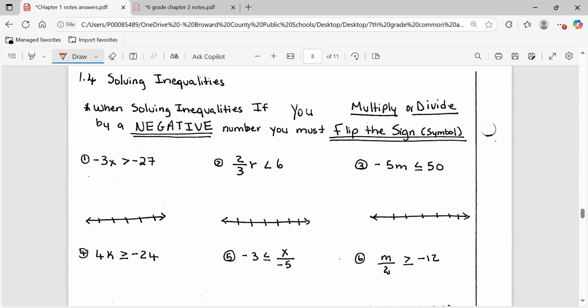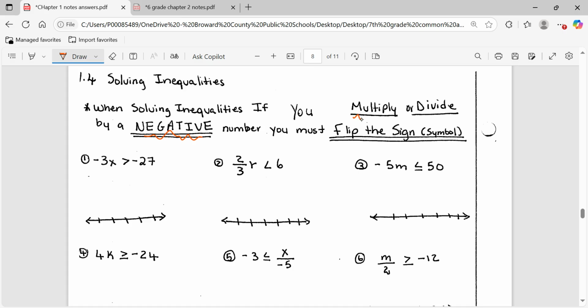Now the next interesting thing, more challenging thing to remember is when you're solving an inequality, yes, it's like solving a regular equation. However, if you multiply or divide by a negative number, you must flip the sign.